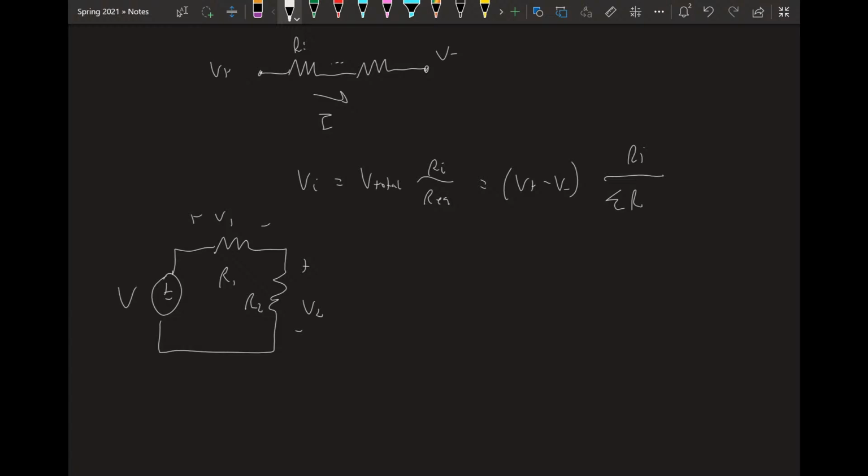And you have some V across it all. You can say that V1 is going to equal V times R1 over R1 plus R2, following this formula. And V2 is equal to V times R2 over R1 plus R2, again, following that formula. So this is what you'll see most often, but remember that it can be applied generally to any n resistors in series. They can be an infinite number, doesn't matter.